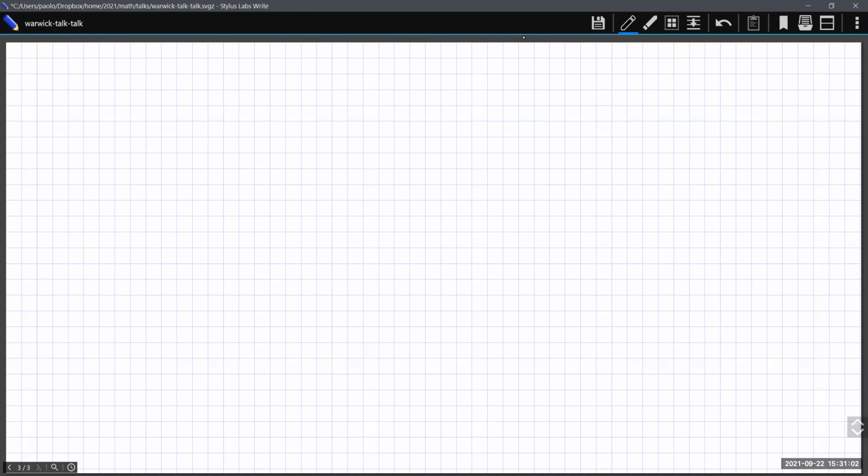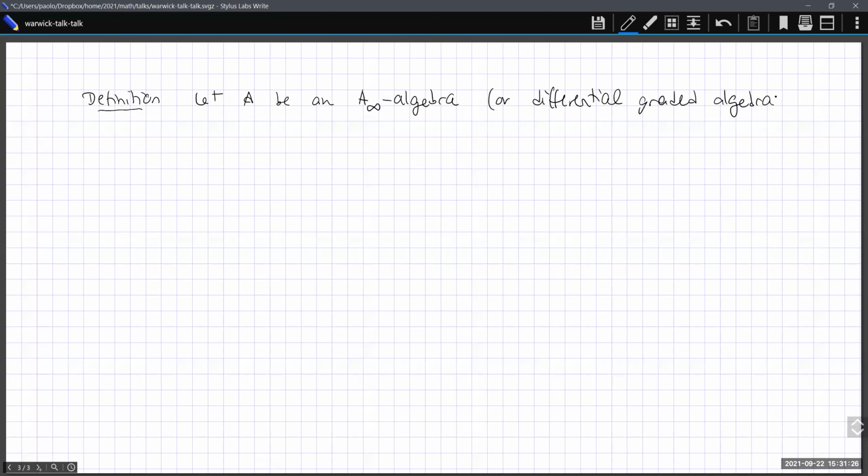So I can give you a flavor of the definition. Okay, so let A be, since I'm really working with categories, but I would like to make my life a little bit simpler, say a differential graded algebra, if you don't like A-infinity algebras. And so take its Hochschild complex, the complex that underlies Hochschild cohomology.